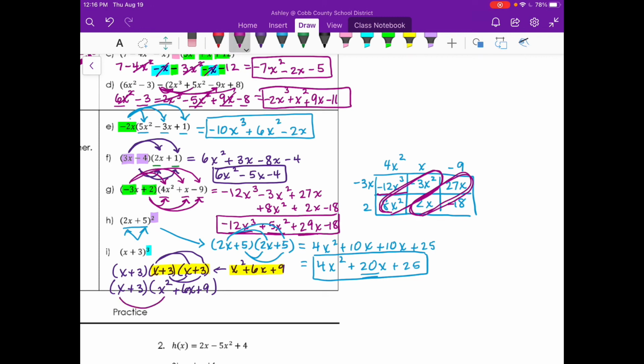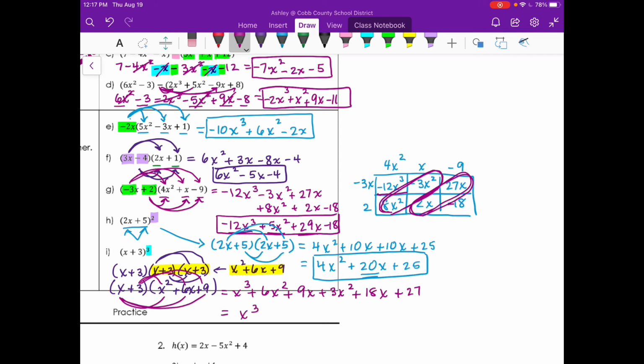So x cubed plus 6x squared plus 9x here. And then the 3x squared plus 18x plus 27, and then I'll write it in standard form.